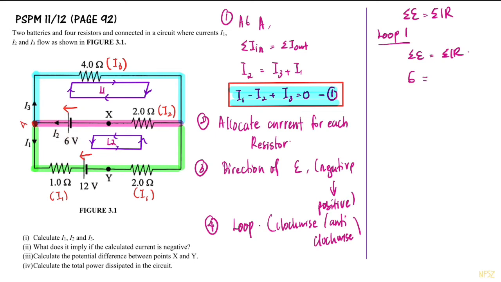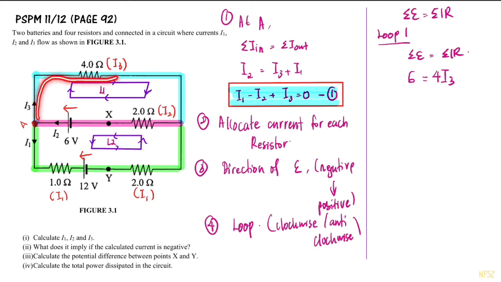Dan kita guna summation IR. Kita tengok dulu 4 ohm. 4 ohm kali dengan I3. Cuma kita nak tahu positif ataupun negatif. So kita tengok I3 ke atas, loop kita ni pun ke atas. So sama, so dia adalah positif. 4I3. Okay. Dan apa lagi resistor yang ada?